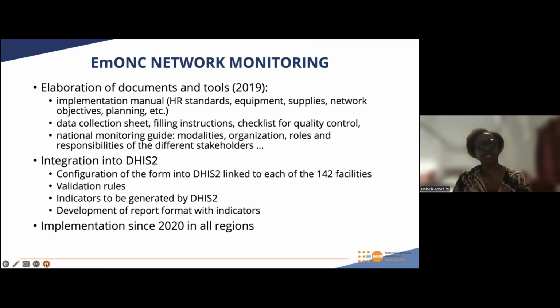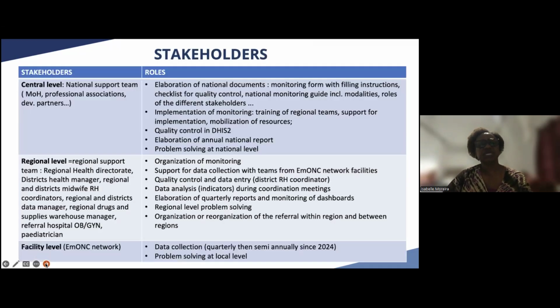The form I'm going to show you has been configured into DHIS2 and linked with each of the 142 facilities, with validation rules that you all know. The indicators to be generated by DHIS2 have been agreed upon, and also the report format. This has been implemented in all 14 regions of the country since 2020. Several stakeholders are involved, from facility level to regional level, to provincial level, and also central level.